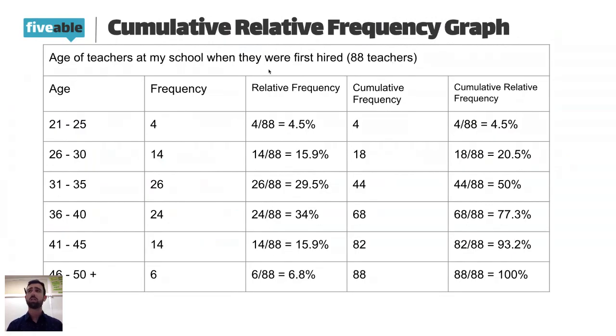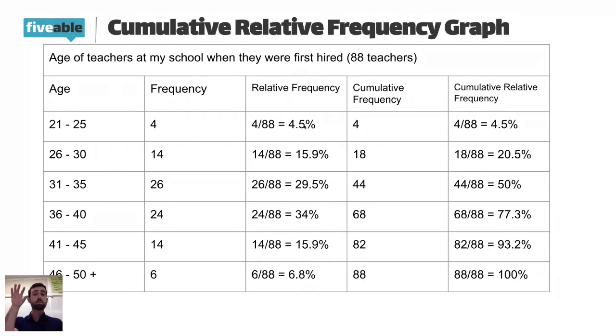Over here is our relative frequency. So how many of those teachers were in that category relative to the whole data set? So when I took 4, I divided it by the total, which gave me 4.5. So, I'm sorry, that gave me 4.5%.